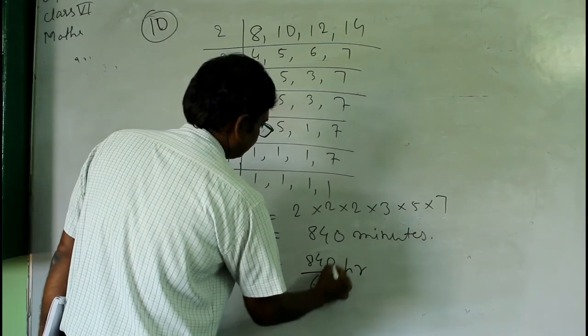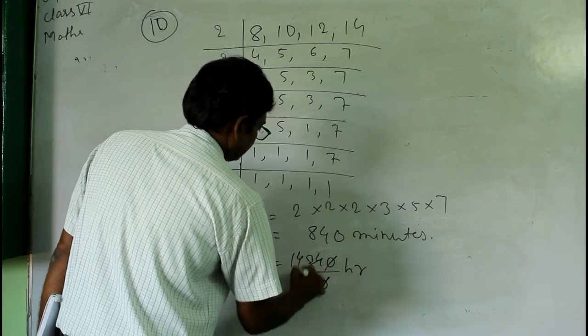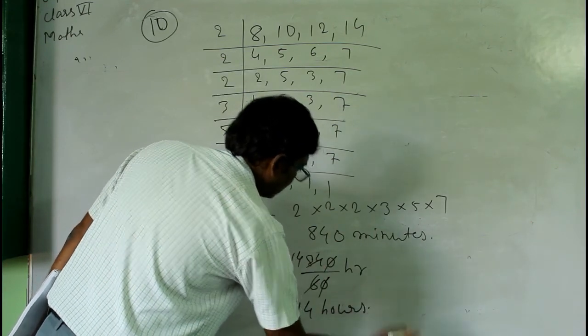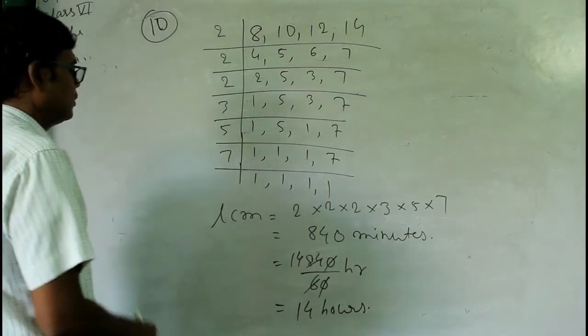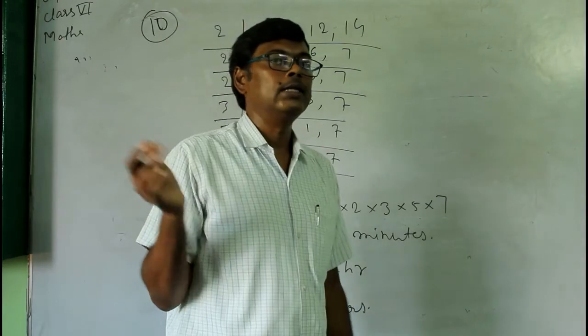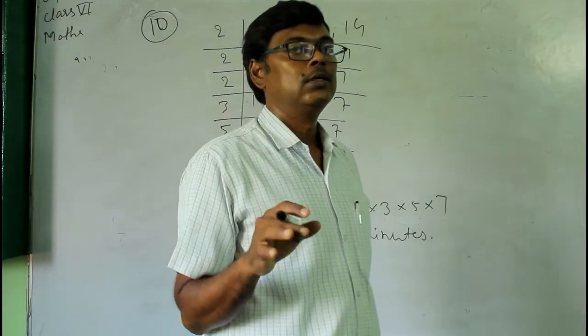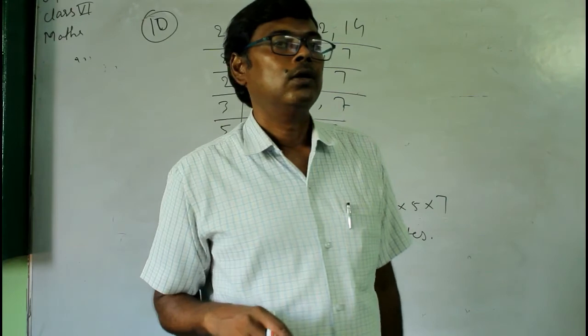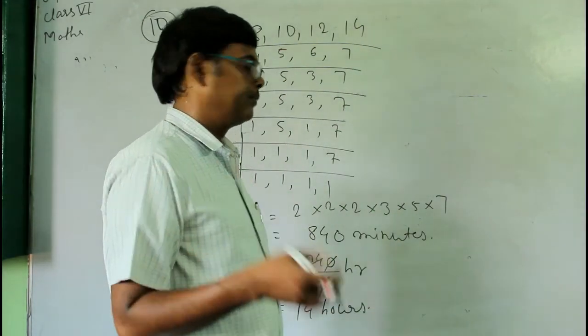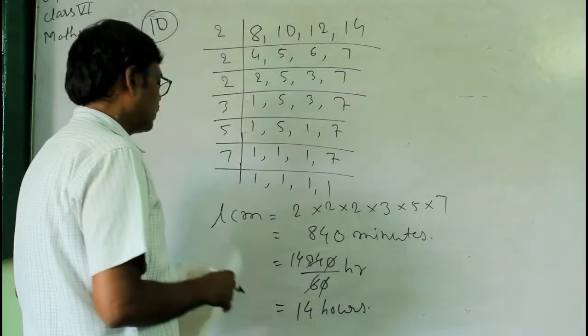So 14 hours. Okay, so here the time is 14 hours. And in the question you are given that all the 4 bells ring at 7 a.m. So after 14 hours what would be the time here?